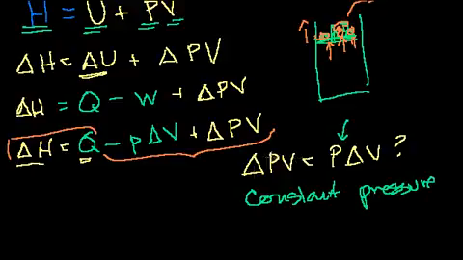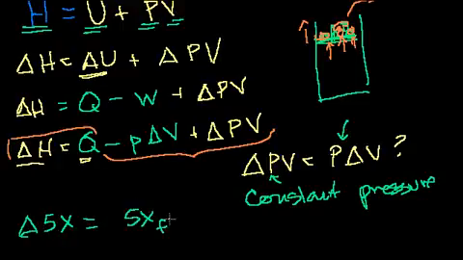Or if you view it another way, if this is a constant, you can just factor it out. If I said the change in 5x, that would be equal to 5 times x final minus 5 times x initial.